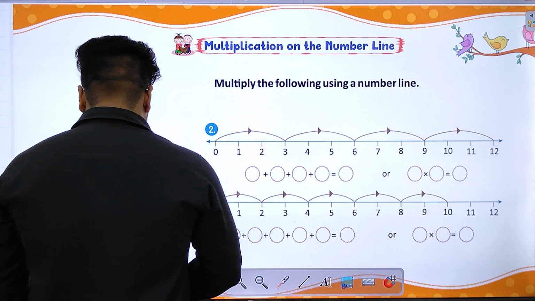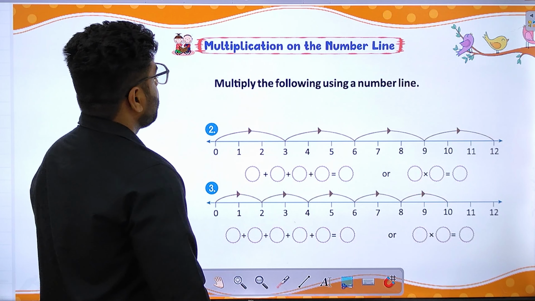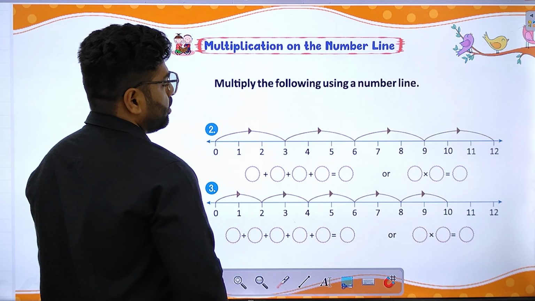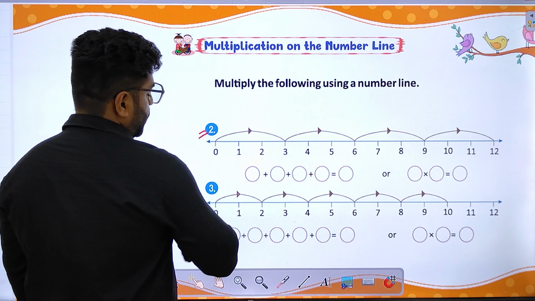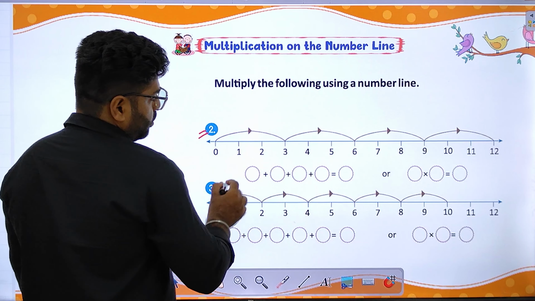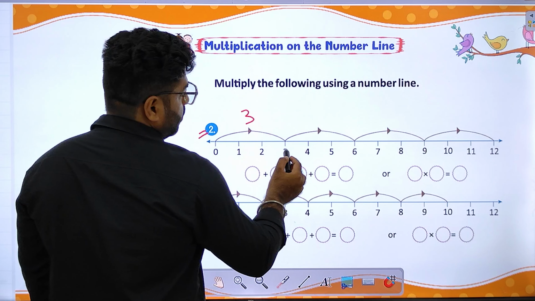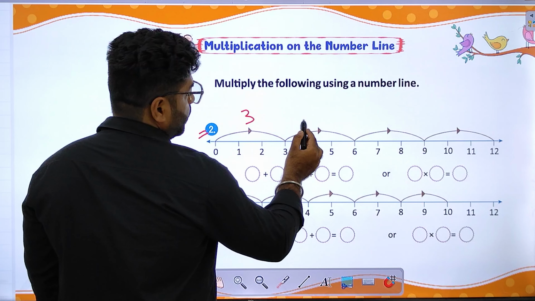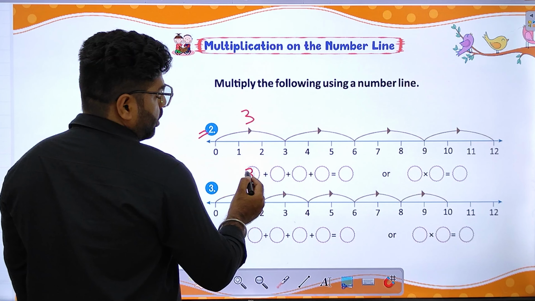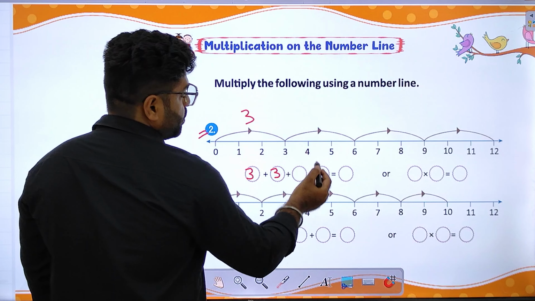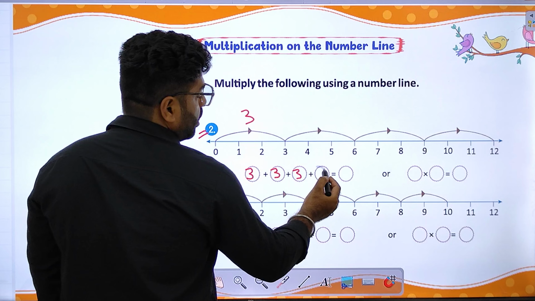Next, now we are having a question. Multiply the following using a number line. So we are having question number 2. If we count 1, 2, 3. This is 3. 1, 2, 3, and 4.